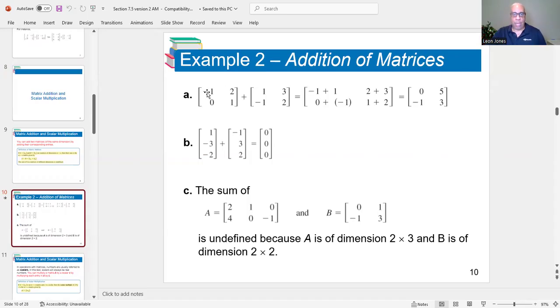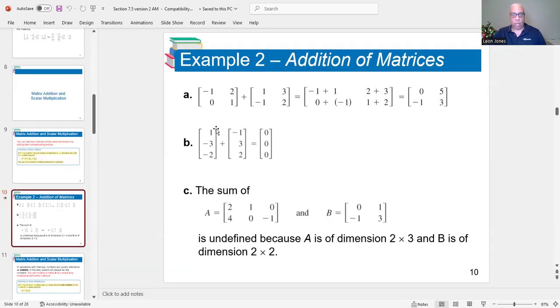So when you add these two numbers up, -1 plus 1 gives you 0. You have it right here. 2 plus 3 is 5. 0 minus 1 is -1. And of course, 1 plus 2 equals 3.